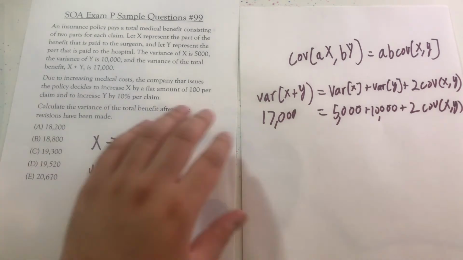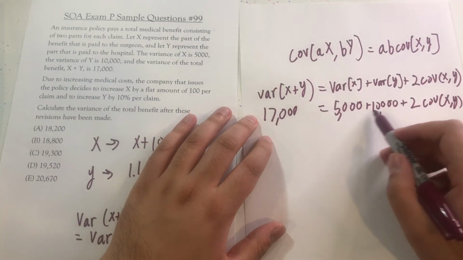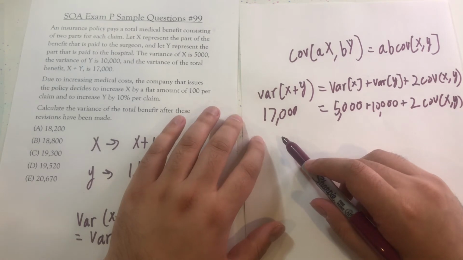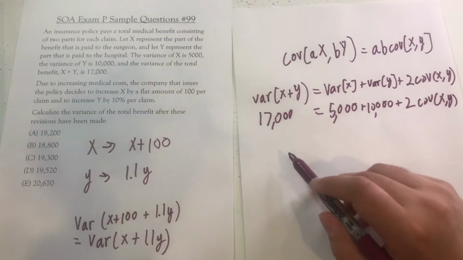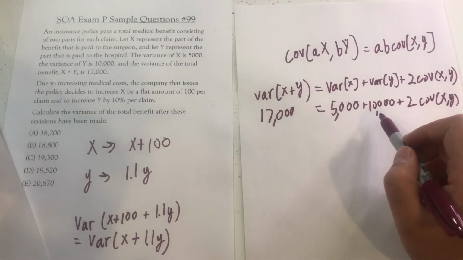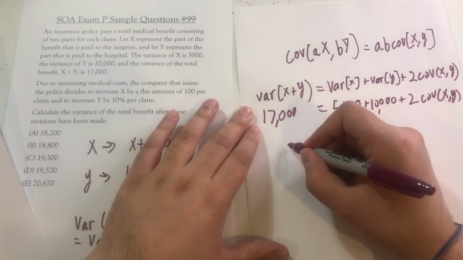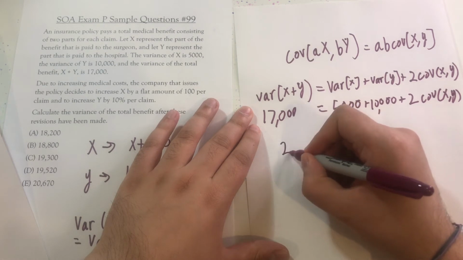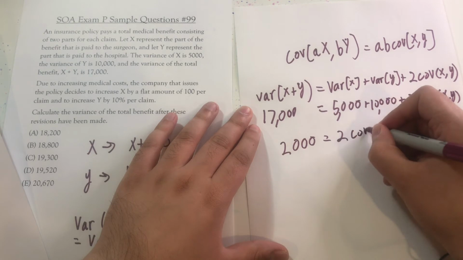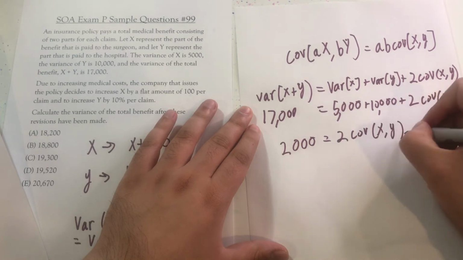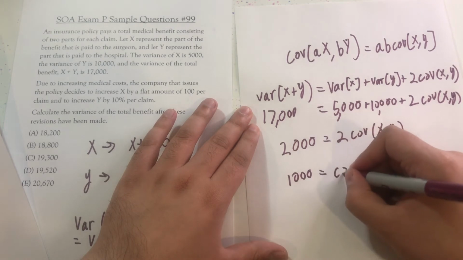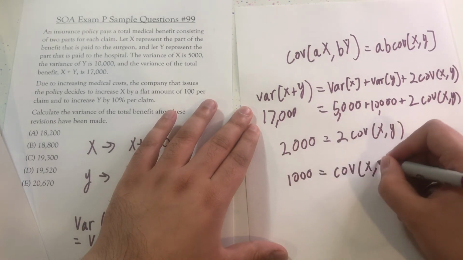And solving for this, this will be 15,000, so 17,000 minus 15,000 is 2,000, which is equal to 2 times the covariance of x comma y. So 1,000 is equal to the covariance of x comma y.